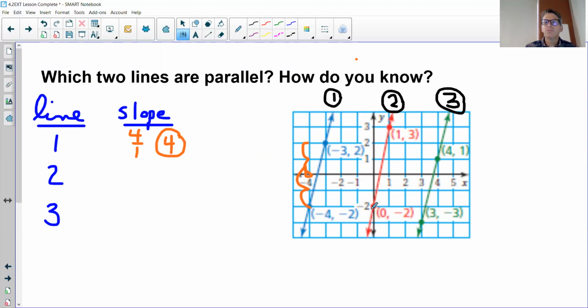Line number 2, we're going to start at this point, (0, -2), and end at (1, 3). So I'm going to go up 1, 2, 3, 4, 5, and run 1. So that's 5 over 1. And line 3, I'm going to go up 1, 2, 3, 4, and run 1. So I have a slope of 4.